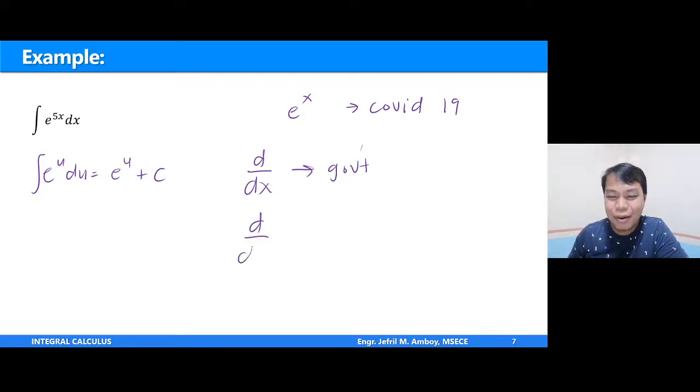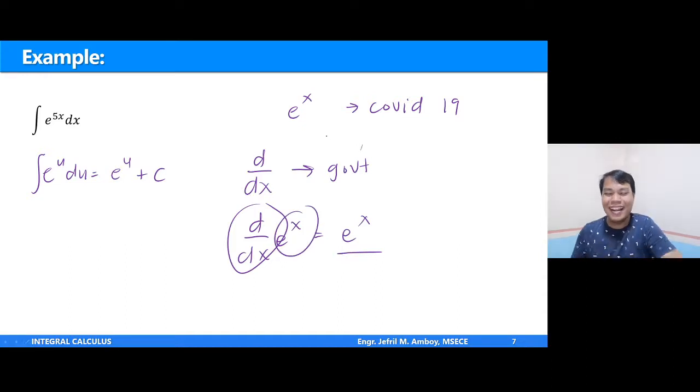Kasi kapag ang gobyerno nag-act sa e to the x or sa COVID, ganun pa rin ang nangyayari. E to the x pa rin, hindi nagbabago. So that means hindi tumatalab ang gobyerno sa COVID. Charot. Ay, isip ko lang, no? Isip na gobyerno yan.